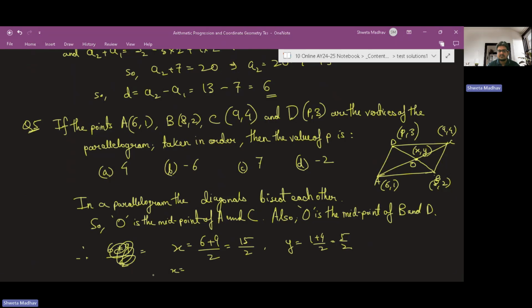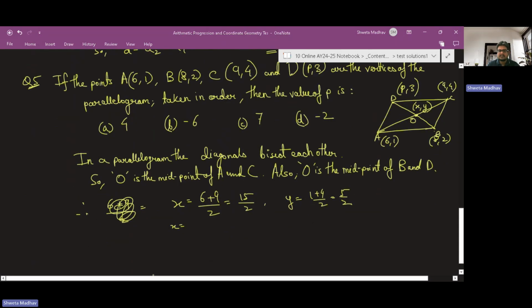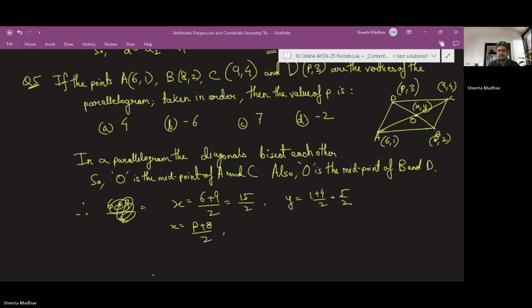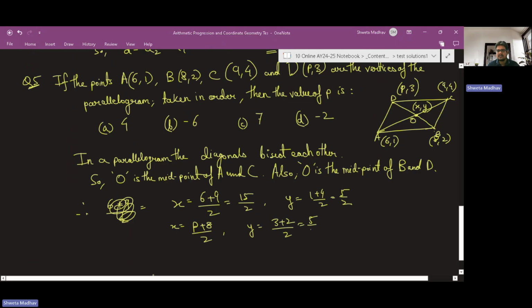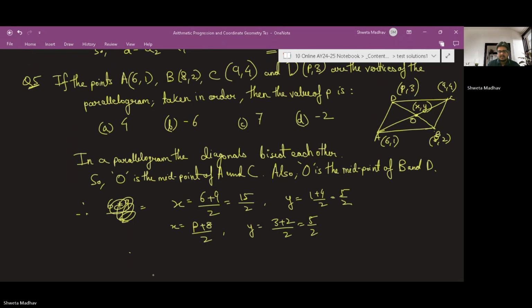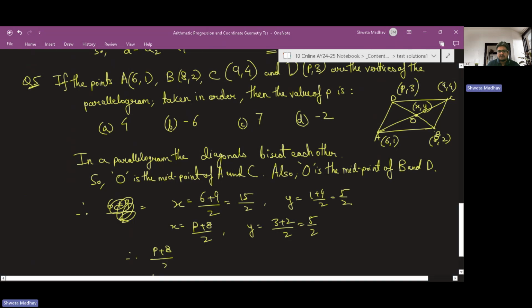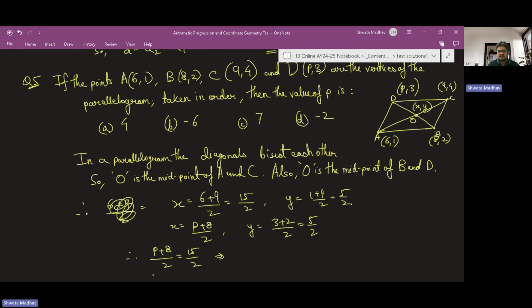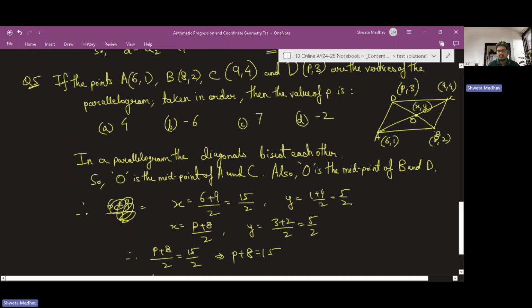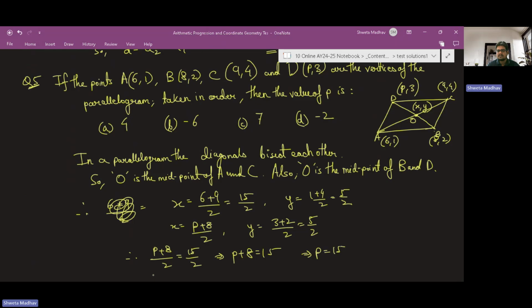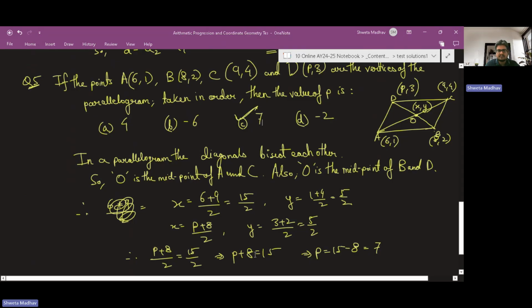And similarly, x should be same as P plus 8 by 2 also, and y also should be same as 3 plus 2 by 2, is 5 by 2. So y is coming same, but x also should come same. So therefore, I can say P plus 8 by 2 should be equal to 15 by 2. So P plus 8 should be equal to 15. So P should be equal to 15 minus 8, that is equal to 7. So 7, option C is the correct answer.